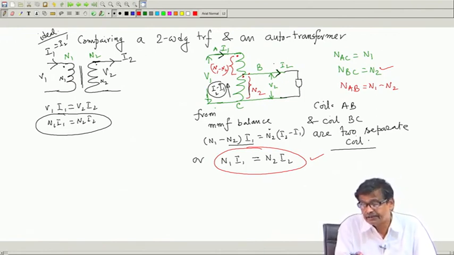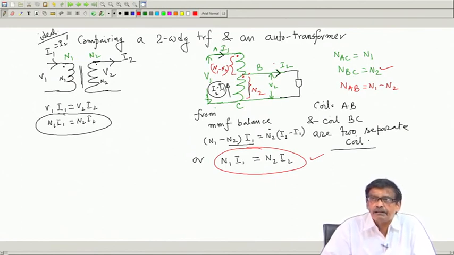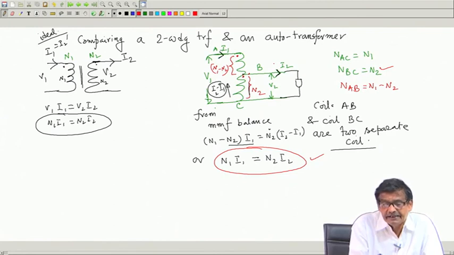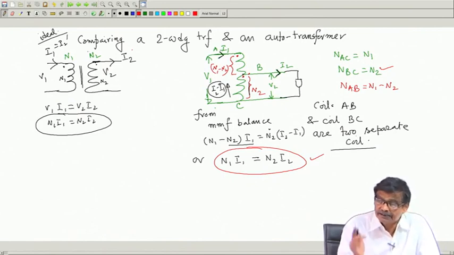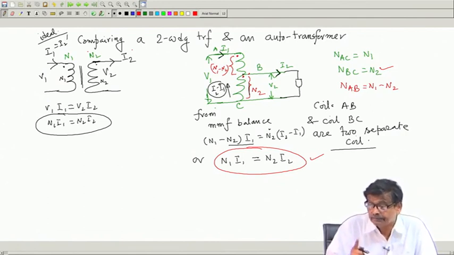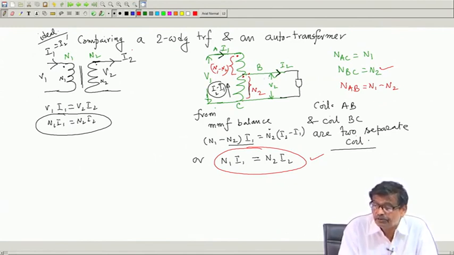It is in fact the difference of these two currents. Unlike in the secondary of a two winding transformer, whatever is the load current I 2, that flows through the winding all along. Primary of course, I 1 current, but here it is not like that. Current in the load is I 2, but current in the portion BC is the difference of I 2 and I 1.